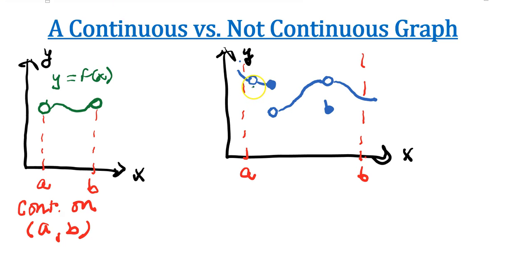We're going to have point C sub 1, which is going to come down to about here. We're going to have point C sub 2, which is going to come to about here. And we're going to have point C sub 3, which is going to come to about here. I want to talk about the continuity at each of those points, C sub 1, C sub 2, and C sub 3, between the interval of A and B.